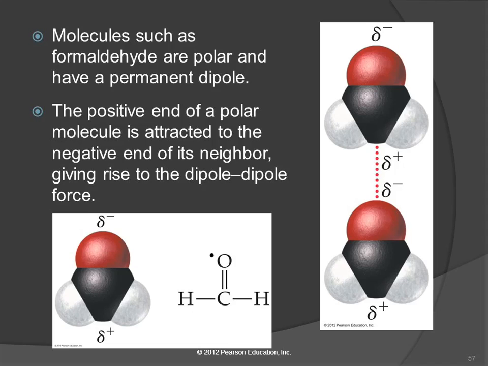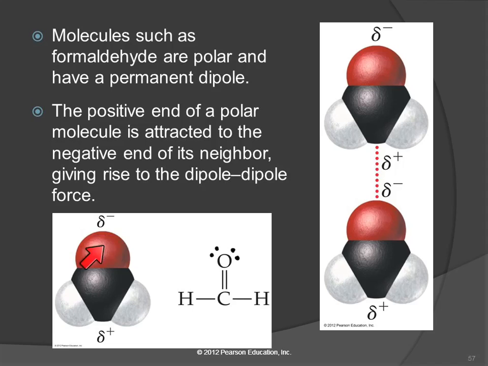So the Lewis structure, this oxygen would have 2 lone pairs on it. The carbon has its octet of valence electrons there, so that doesn't have any. So we look at this and we could say, well, there's no lone pairs on the carbon, but the atoms bonded to it are different. This oxygen is different than the 2 hydrogens. That makes this a lopsided molecule. It makes it a polar molecule.